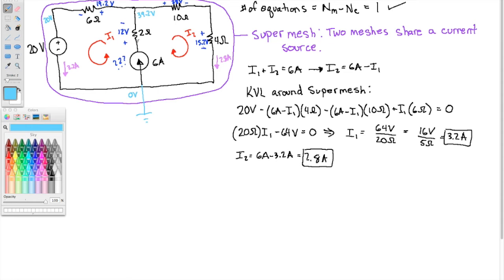Then I increase by 12. So this voltage here between the current source and the 2 ohm resistor is 12 higher than 39.2. So that's 51.2 volts. So the voltage across the current source, we can remove the question marks now. The voltage across the current source from here to here is 51.2 volts.